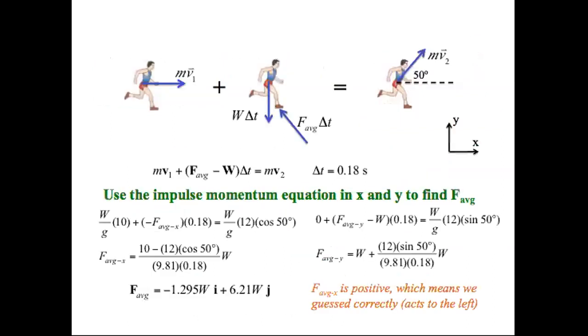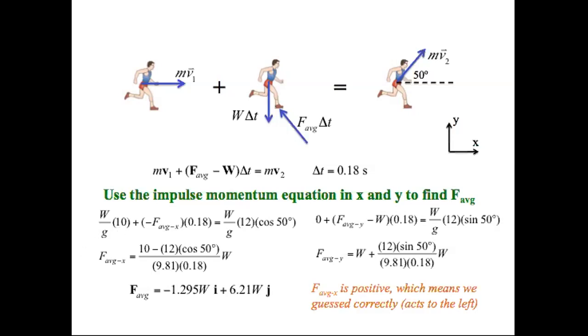First, I write the impulse momentum equation in the x direction. The v1 in the x direction is 10 meters per second and v2 in the x direction is v2 cosine 50 degrees. Now we can find the average impulsive force in the x direction.